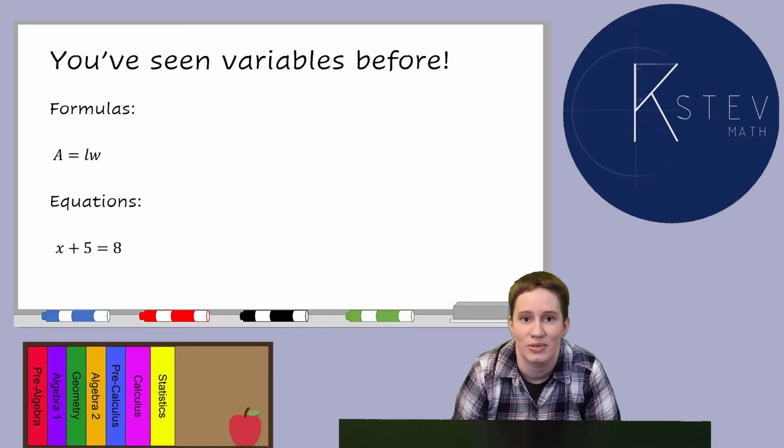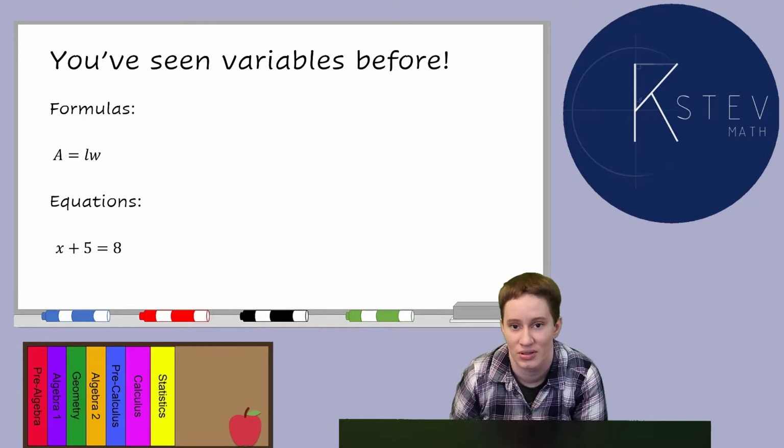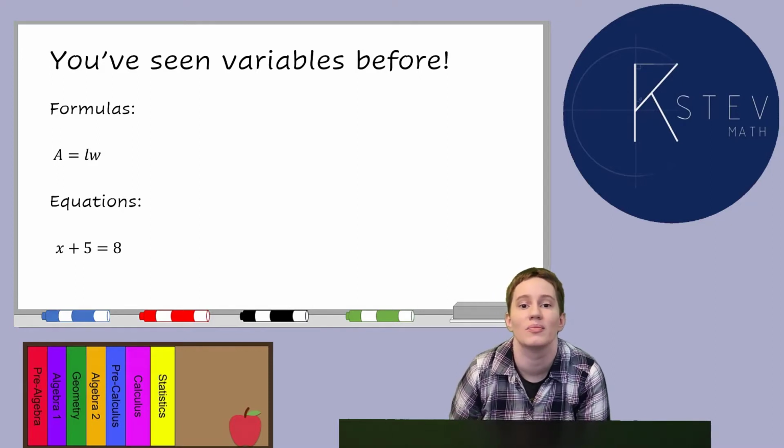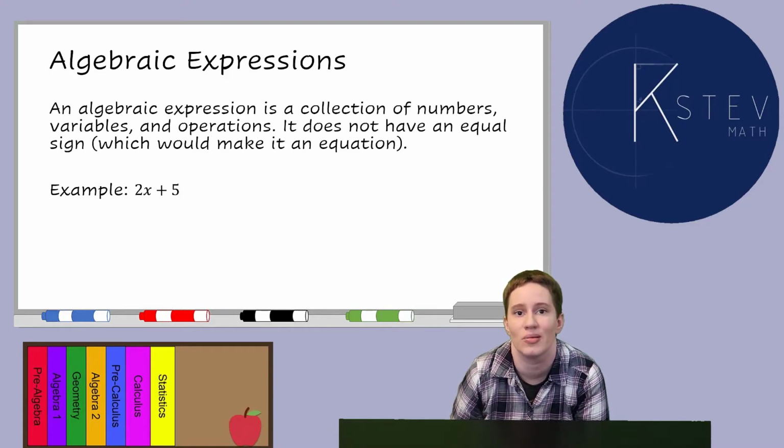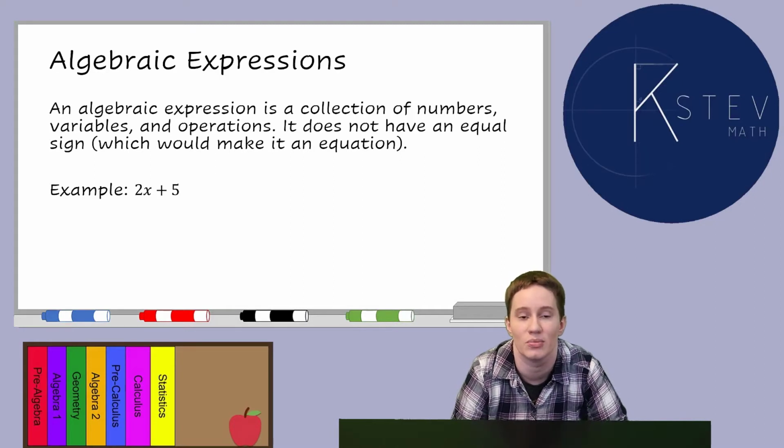So you've probably seen variables at this point, but if not, be sure to realize you're going to be seeing them a lot. I've got a couple skills we're going to practice that have to do with variables. The first one has to do with what's called an algebraic expression.